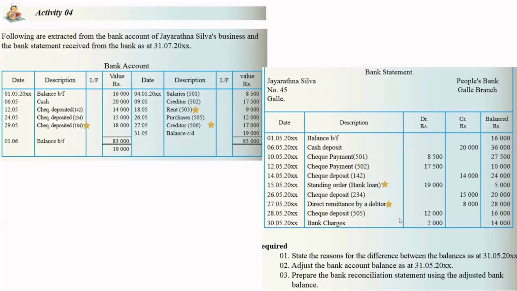Business has not recorded. Is 2,000 bank charges recorded? No, it is not. So we have 6 entries which are not recorded in these two, bank account and bank statement. I hope you have identified that with me. If not, please pause the video and mark those.